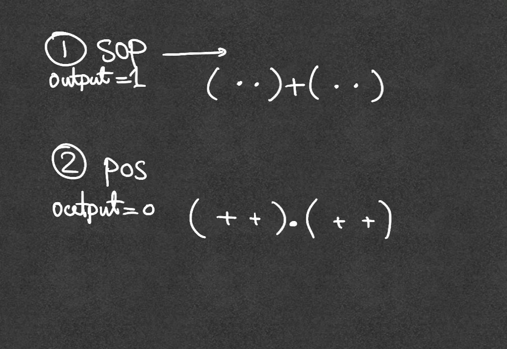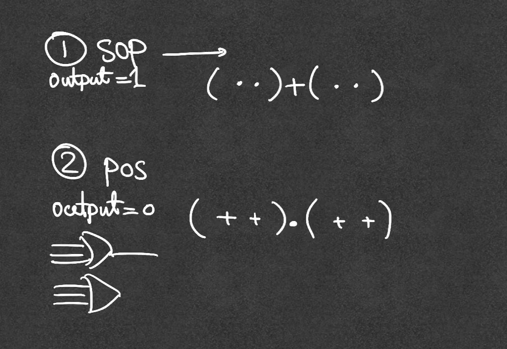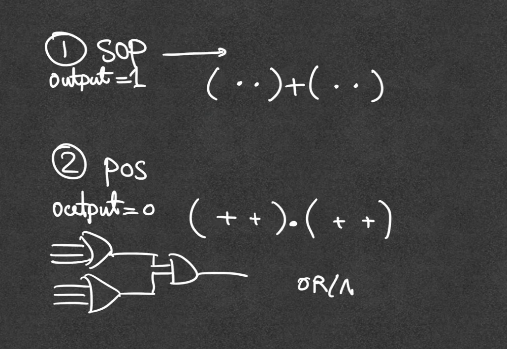So that's how you write down the canonical form from the truth table and write down the Boolean function. And if you implement the POS, you're going to have the ORs, and then you're going to get the AND. So this is OR AND implementation.